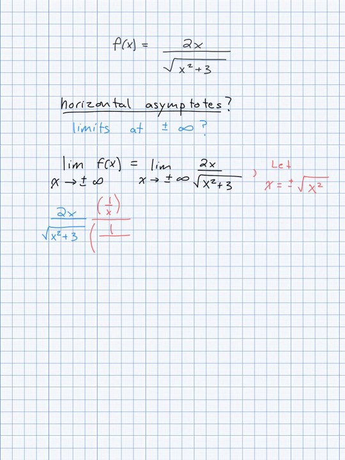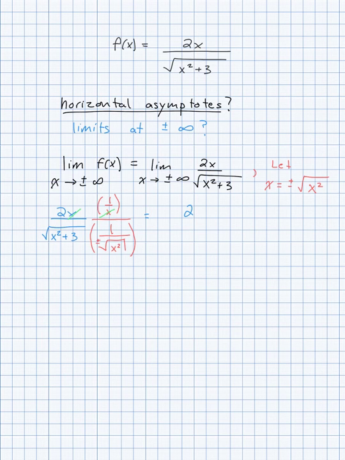But instead of writing x in the denominator, I'm going to write plus or minus the square root of x squared. This is the same as saying 1 over x over 1 over x, or simply multiplying by 1. So this gives me 2, since the x's cancel here.